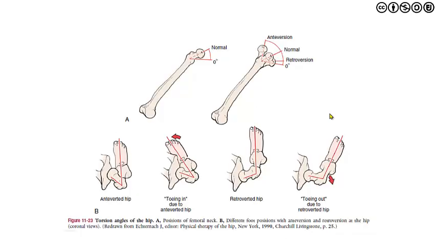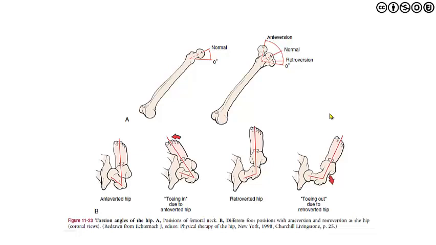In addition, we talk about anteversion and retroversion. Now, there is a normal degree of this rotation, if you will, at the femoral head and neck. All right. So what this means is typically the hip has an appreciable amount of anteversion.